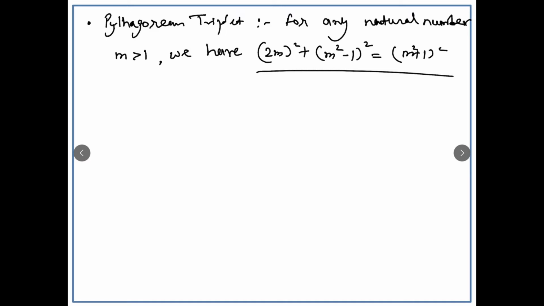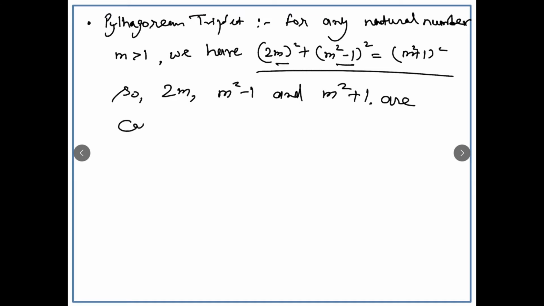So 2m, then m square minus 1, and m square plus 1 are called a Pythagorean triplet.